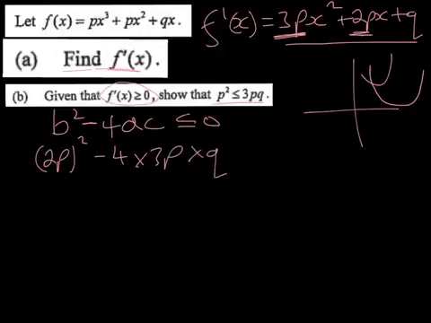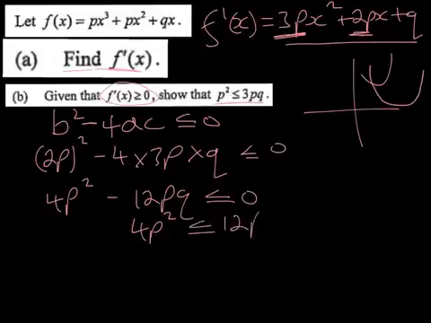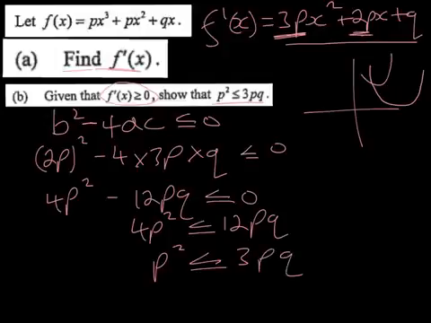So I know that that is less than or equal to 0, so I'm going to end up with 4p squared minus 12pq is less than or equal to 0. So 4p squared is less than or equal to 12pq, and if I divide through by 4, I end up with p squared is less than or equal to 3pq.